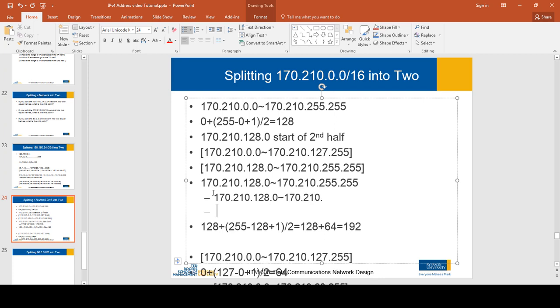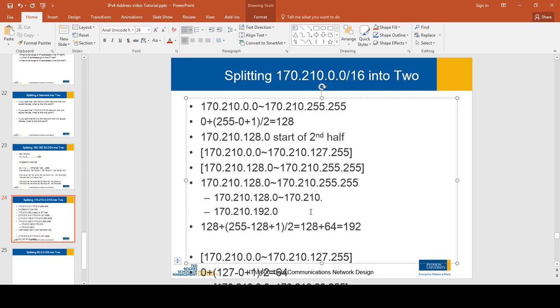I'm going to fill this up later, but we already know the start of the second half. So 170.210, the start of the second half is 192.0, and the end of the second half, of course, is the last IP in the original.